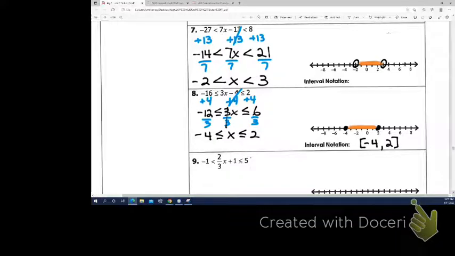And hard brackets, because the negative 4 and the 2 are included. So it's saying from this number to this number. And there's not 2 sets because it's just the stuff between those 2 numbers, and that's all. So the interval notation is easier to write for these just because they only have that one little section of the graph instead of 2 sections of the graph.